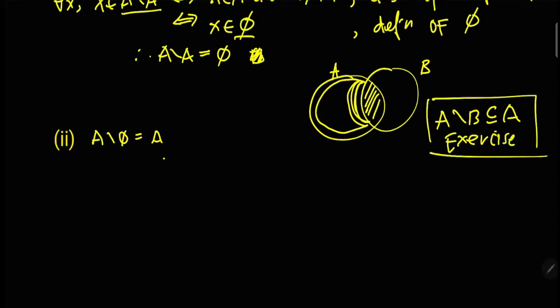A except any set, so the complement of B in A, is a subset of A. So meaning if you remove something from A, what's left is a subset of the original set. So clearly, if I want to remove something from A, I don't know what will happen if I remove an empty set.